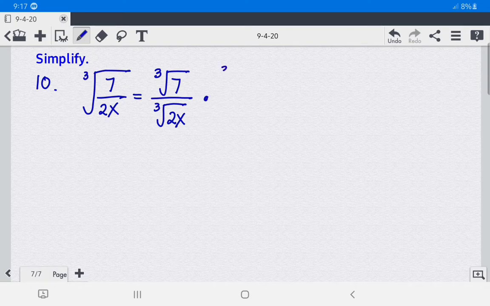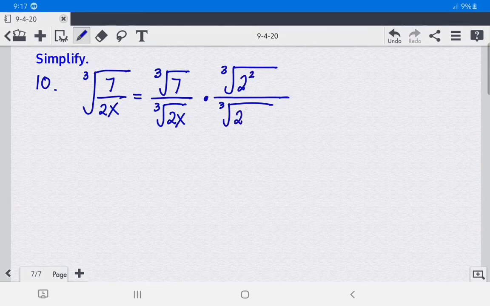We have to multiply both the numerator and the denominator by, to make it a perfect cube, 2. We have 2, the new exponent is 1. So, we have to add 2 to make it divisible by the index 3. So, we have 2 squared, right? Then, for the x variable, again, we have x squared, okay?